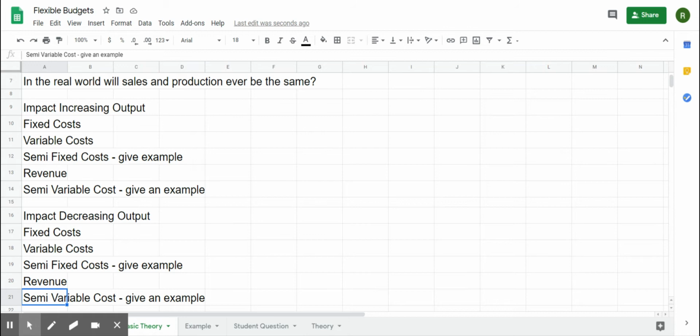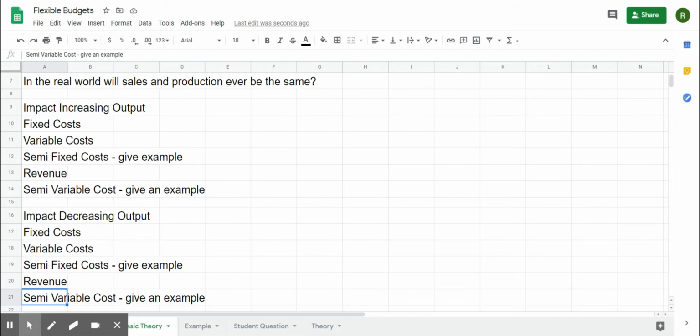We need to think about the impact of increasing or decreasing output on different types of costs. Fixed costs, generally, do not change. If you rent a 100 meter squared factory and you increase output slightly, the rent of that factory is going to stay the same. Similarly, if there's a small fall in output, that won't change it at all. There's an argument that all fixed costs are to a degree semi-fixed costs.